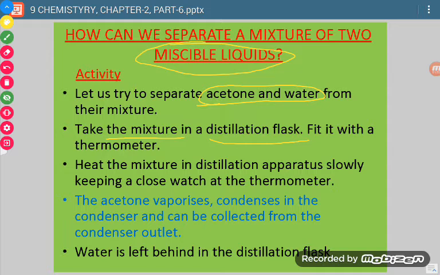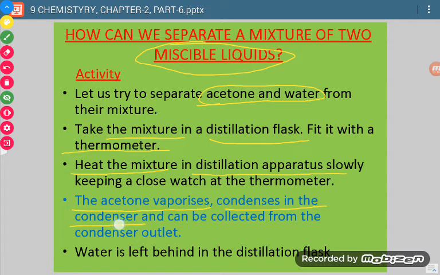Now we are using a thermometer so that we know at what temperature a particular liquid starts boiling and forms vapors. So the thermometer is also to be used. Now we will take the given mixture in the distillation apparatus and then we will heat this mixture slowly. Now acetone will form vapors first, then it will undergo condensation.